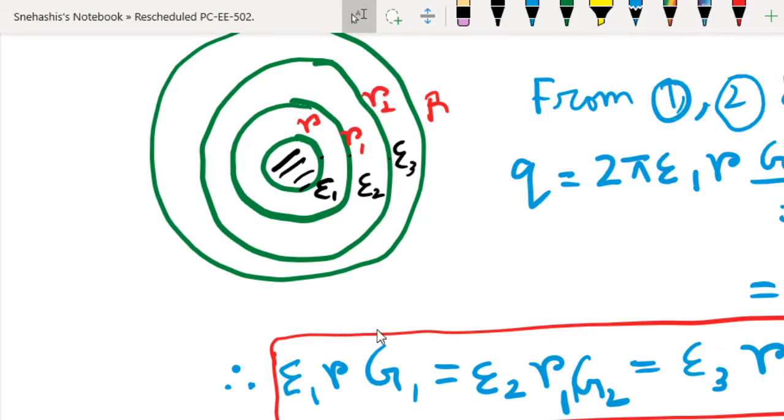So if you apply that concept over this equation, then obviously the epsilon 1 g1 product will be greater than the epsilon 2 g2 product, and it will be greater than the epsilon 3 g3 product.